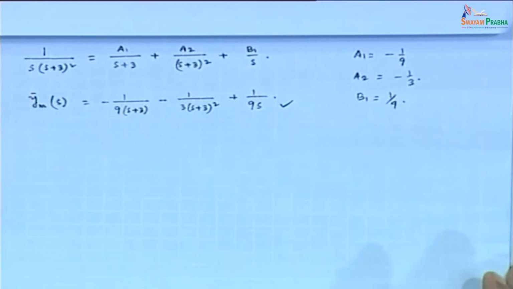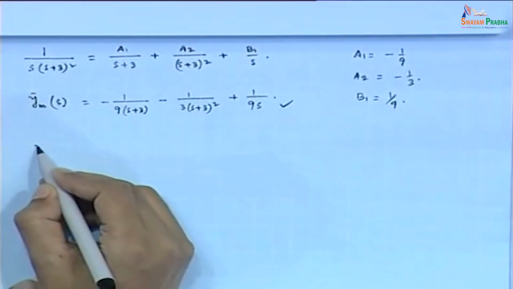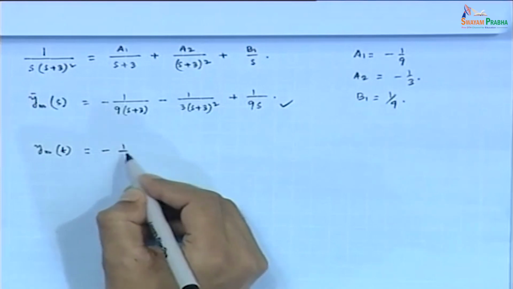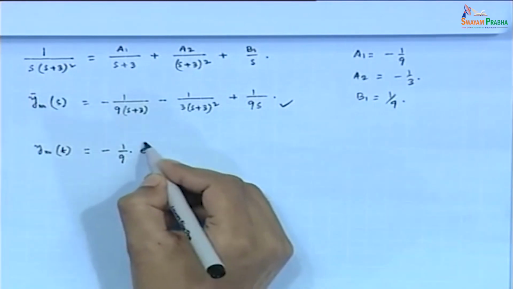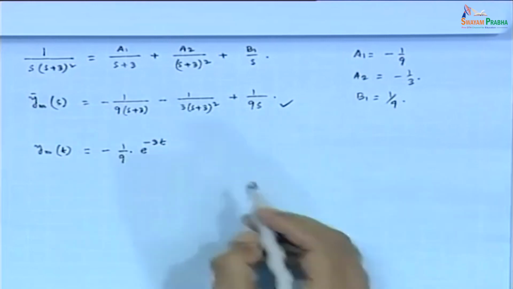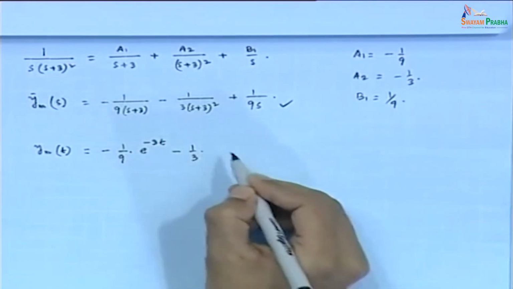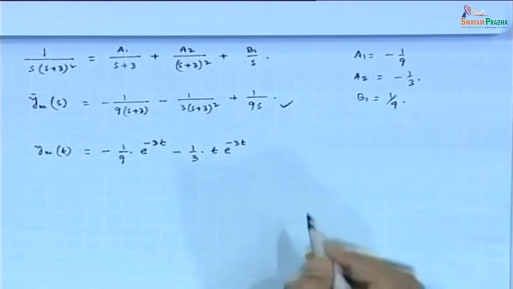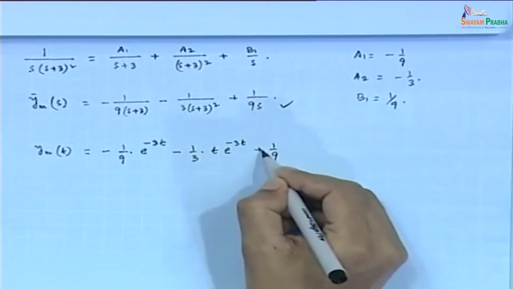Next, we need to take the inverse Laplace transform. If we take the inverse Laplace transform, then we get Ym in time domain as Ym(t) equals minus 1 by 9 e to the power minus 3t, minus 1 by 3 t e to the power minus 3t, plus 1 by 9.